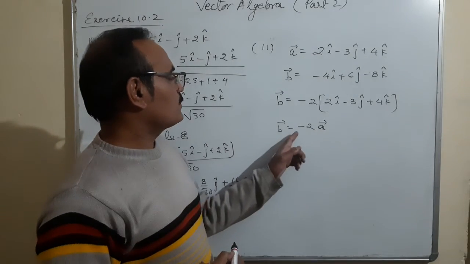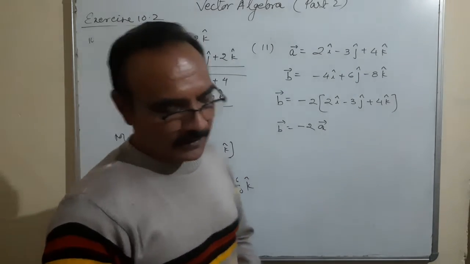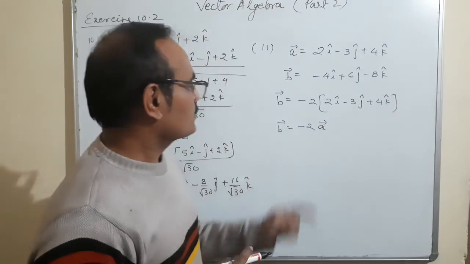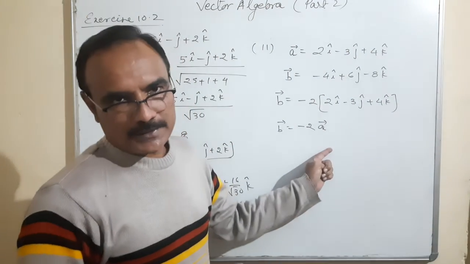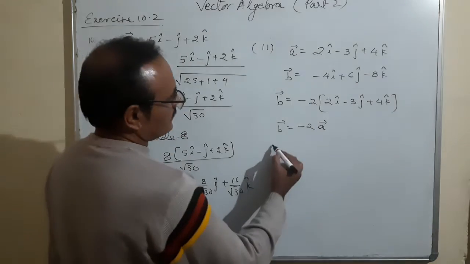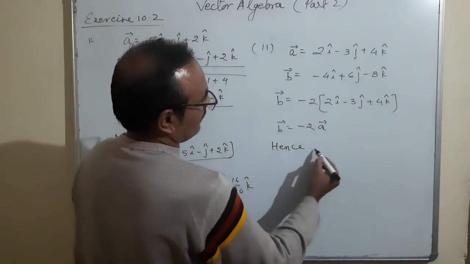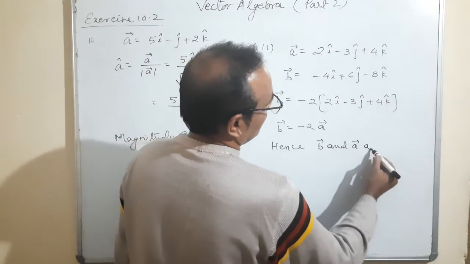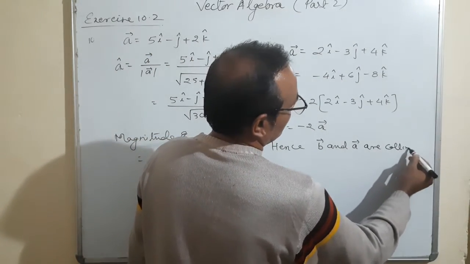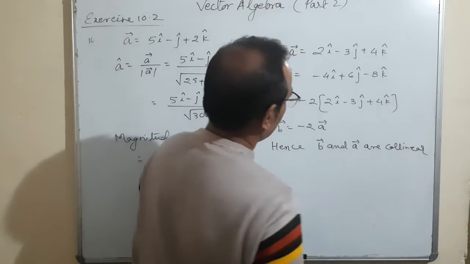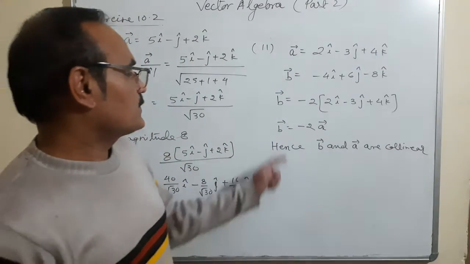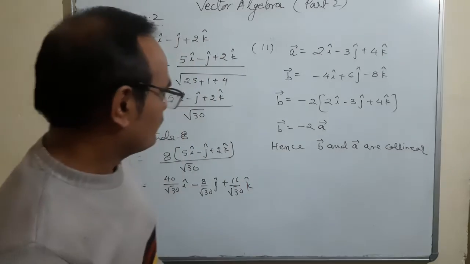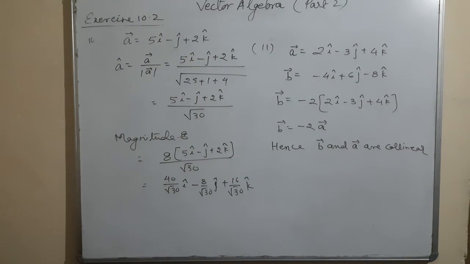And they are asking to show that the vectors are collinear. So both the vectors are collinear. Hence, vector b and vector a are collinear. Got it? Because vector b upon vector a is equal to minus 2. Right? So that is question number 11.